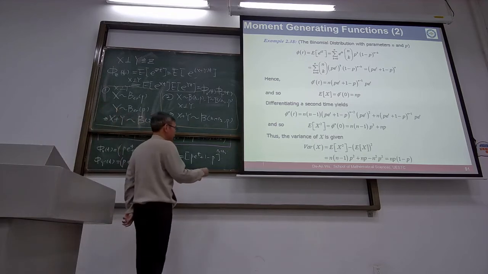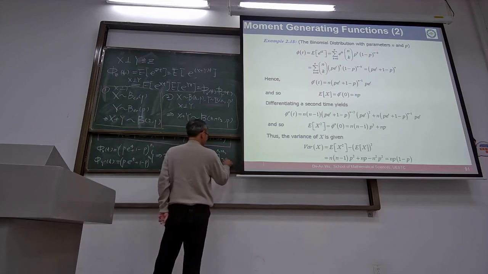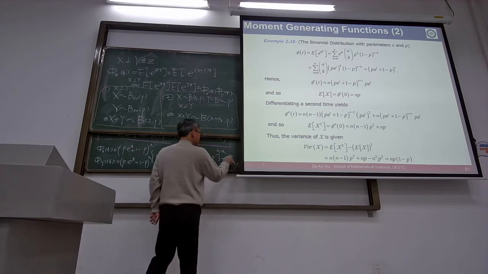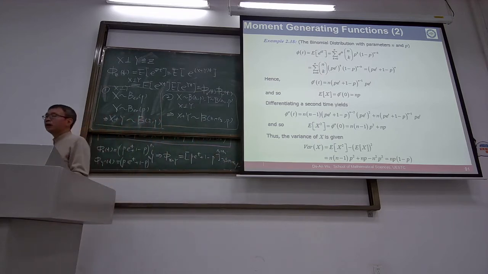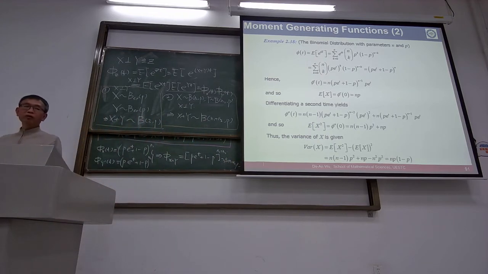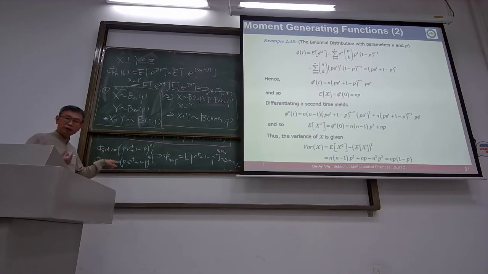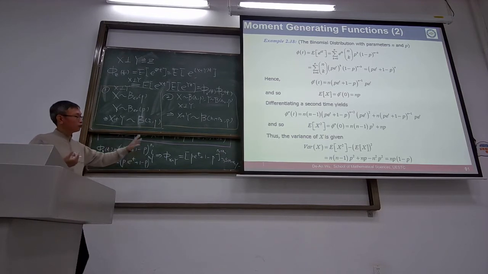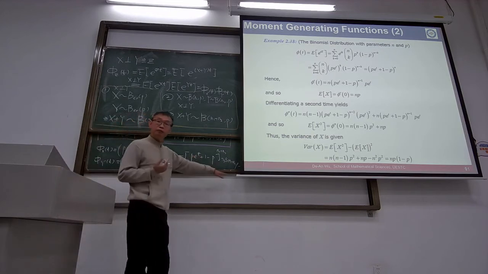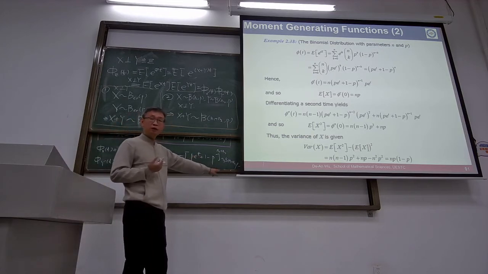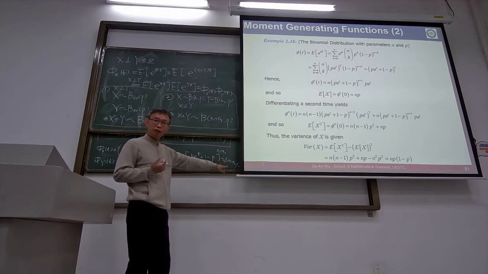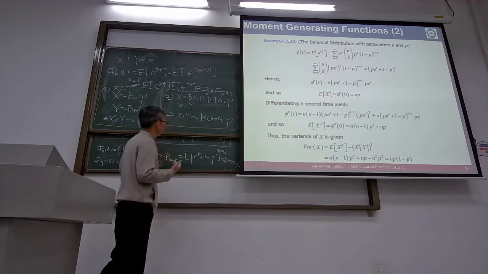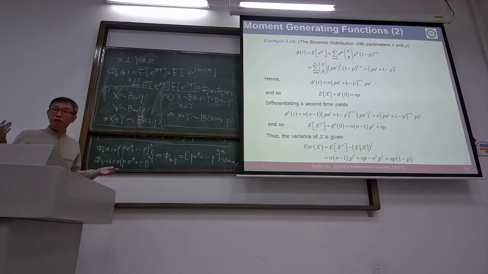Binomial with new parameter n1 plus n2. That is to say, two independent binomials with the same p also follow a binomial with new parameter n1 plus n2, p. Very easy and direct.